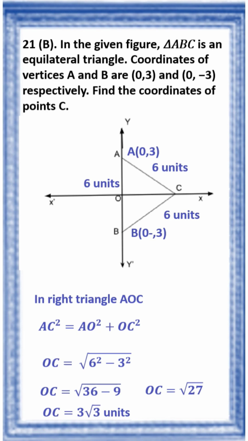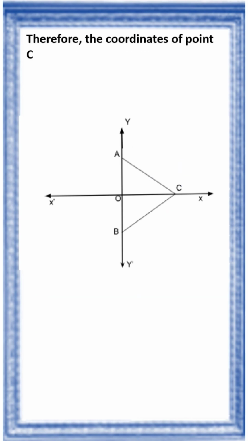The distance OC is 3 root 3 units. Okay, so now we can say that the x coordinate of C is 3 root 3 units and the y coordinate of C is 0 because it lies on the x axis only. So the coordinate of the point C is 3 root 3 comma 0.